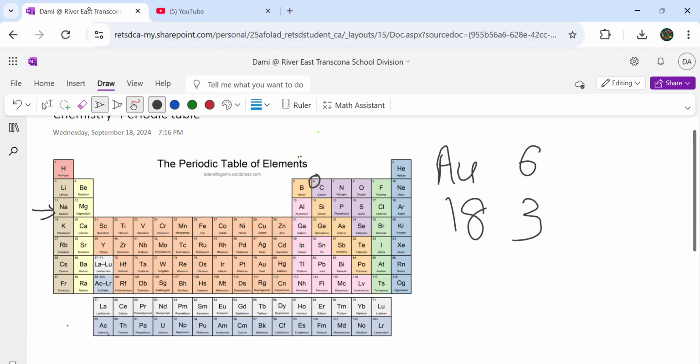Right here. Okay, what is the symbol for silver? Silver is just on top of gold right here. Ag on the periodic table.